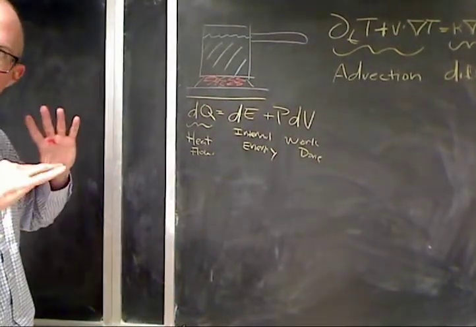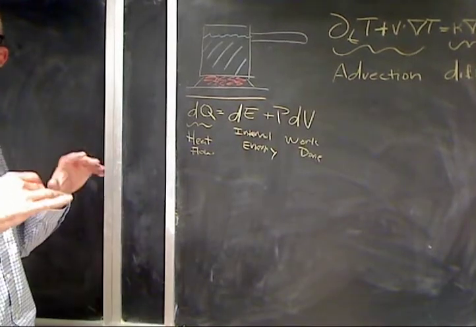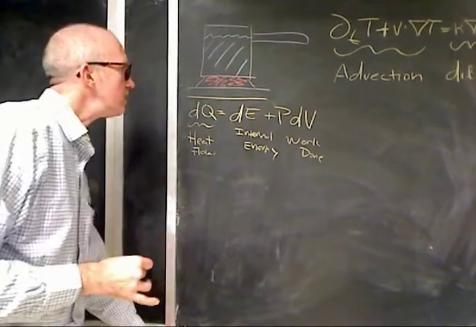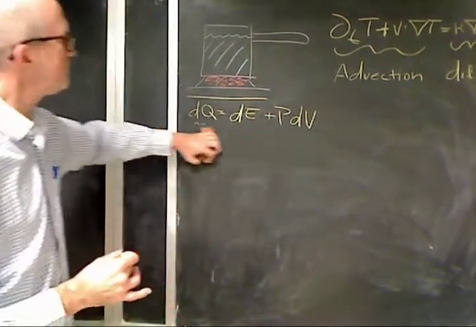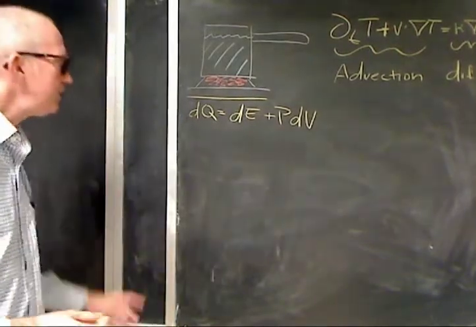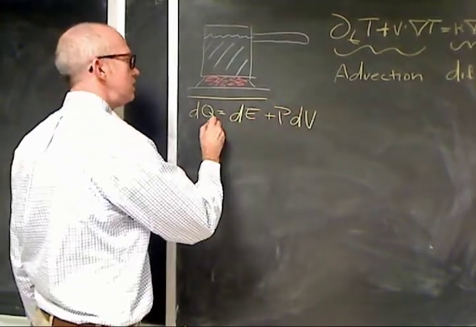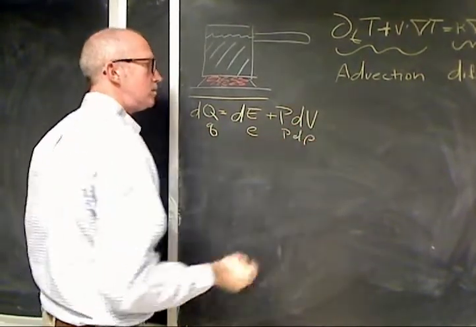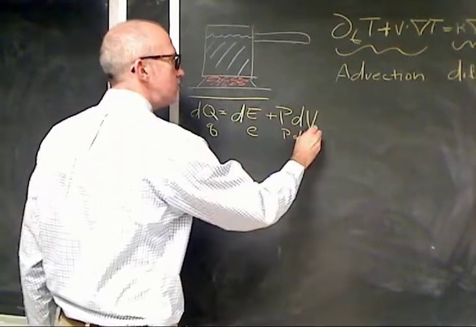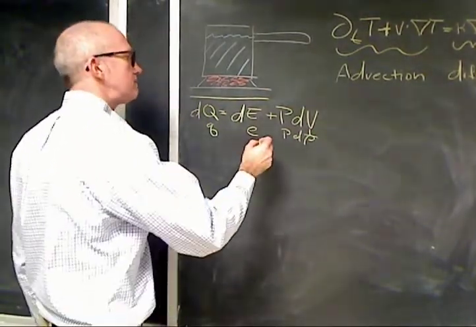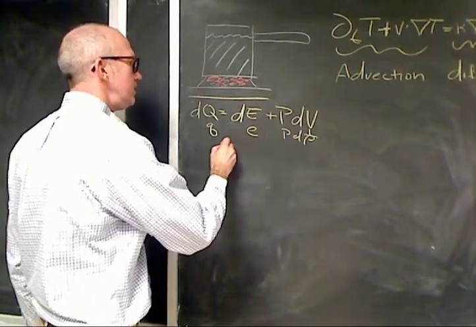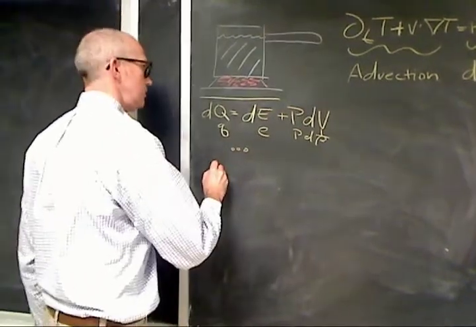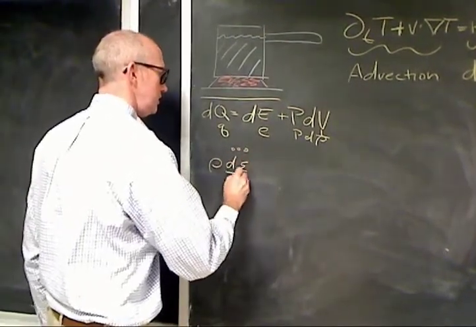So this is like Maxwell's equations or F equals ma or Schrodinger's equations in terms of importance of equations that you should know. And we say, okay, we make this all per unit mass. Whoops, that's got to be a 1 over rho. And then we do a little bit of calculus, and we're left with rho dE/dt.